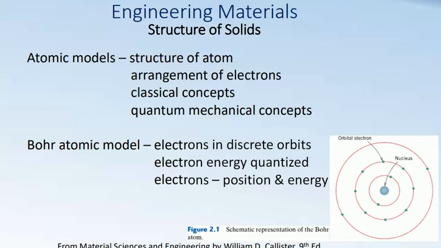So electrons in the Bohr model revolve in fixed orbits around the nucleus, and they have a particular amount of energy calculated for that particular orbit.